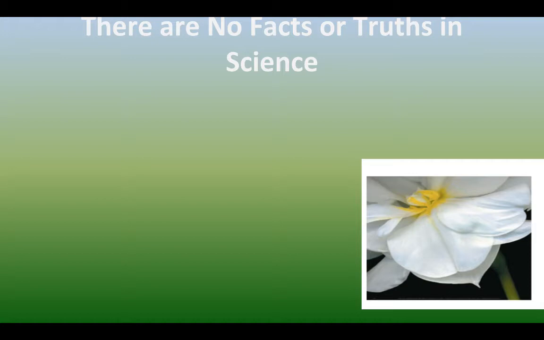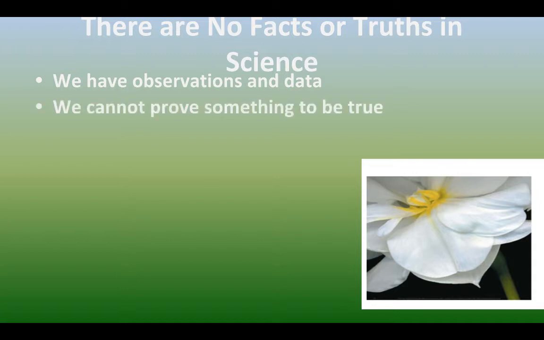And again, this might take you off guard, but there are no facts or truths. We just have these observations. We have data. And at the end of the day, data, especially numbers, don't lie. So we cannot prove something to be true. We cannot say fact, truth, or proven.